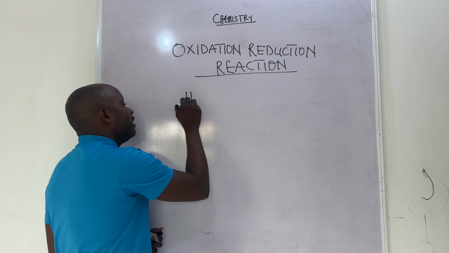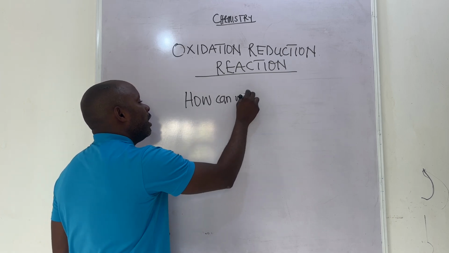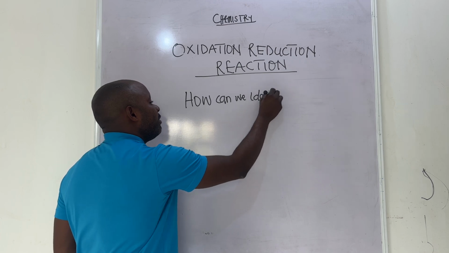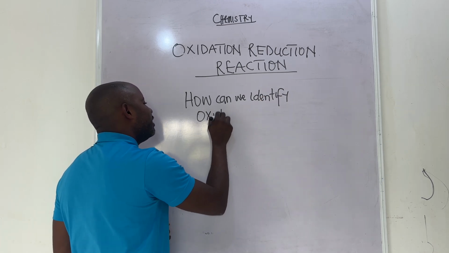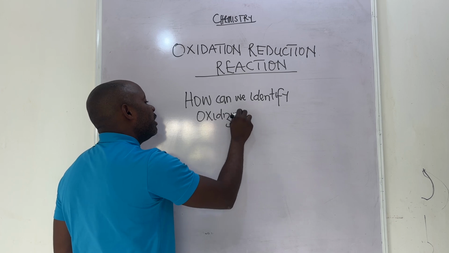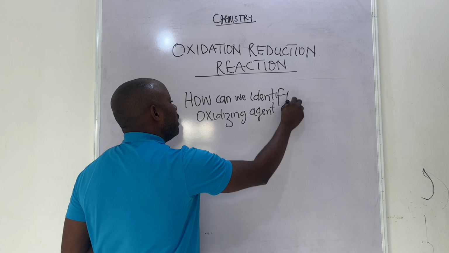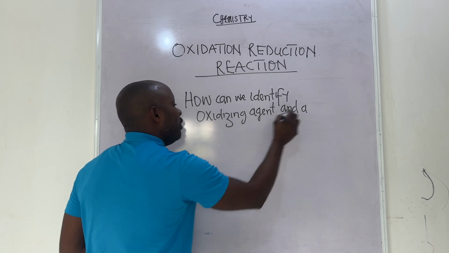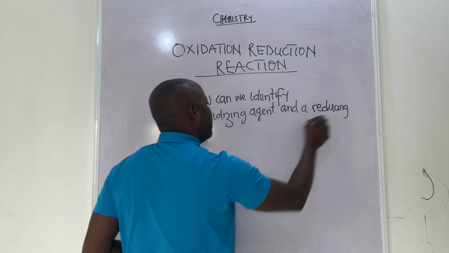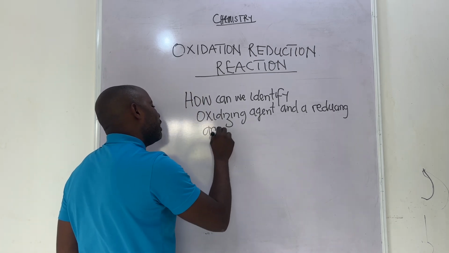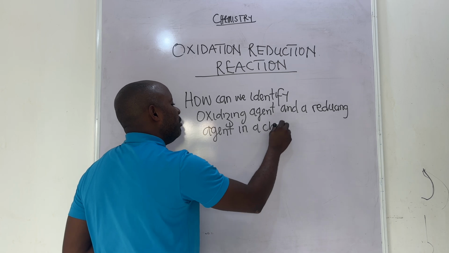So how can we identify an oxidizing agent and a reducing agent in a chemical reaction?